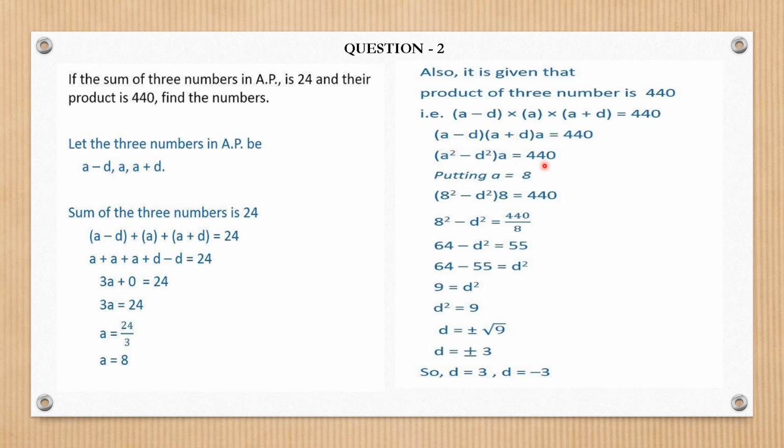This is equal to 440 and I'll put the value of a is equal to 8 so that the calculation becomes simpler. So it will be 8 square minus d square times 8 is equal to 440. That is 8 square minus d square equal to, I can divide by this 8 here. So this becomes 55. So 64 minus d square equal to 55. And after solving this, I get d square is equal to 9, which gives me d as plus minus 3.